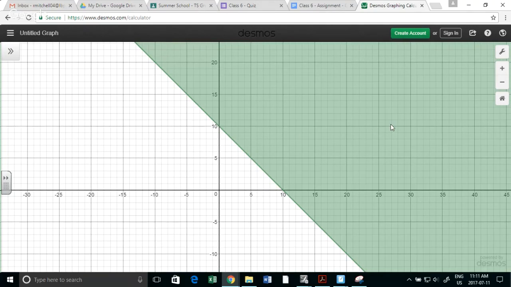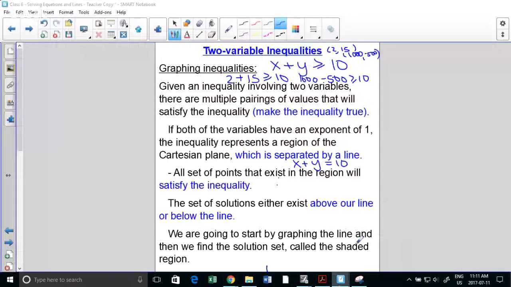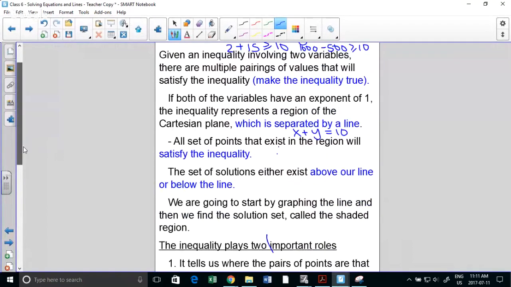What this means is every single point in the shaded half is a solution to my inequality. Any point in the non-shaded half will not give me a solution to my inequality.